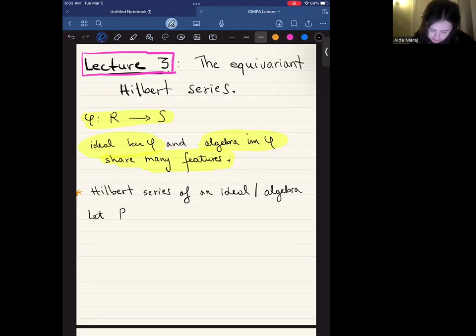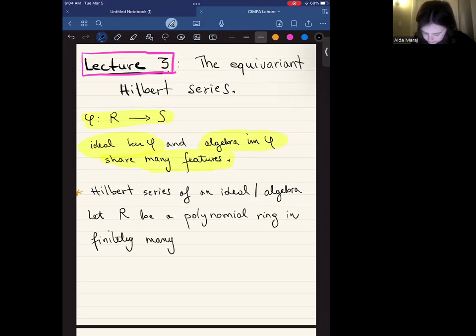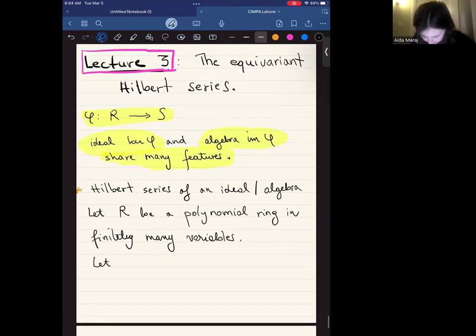Let R be a polynomial ring in finitely many variables, and also assume that it has standard grading.